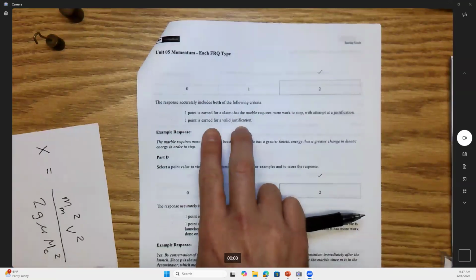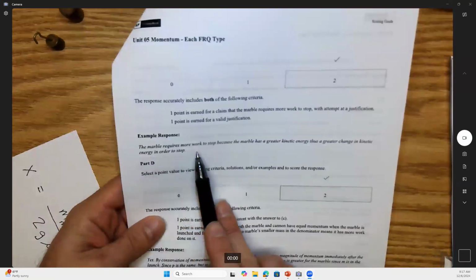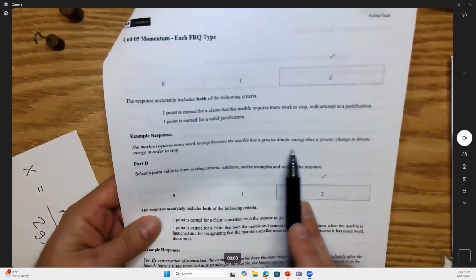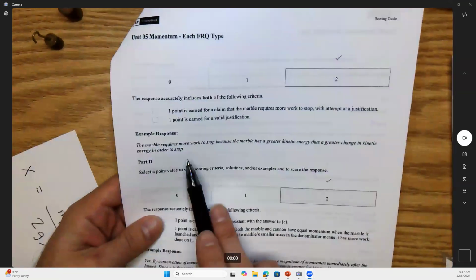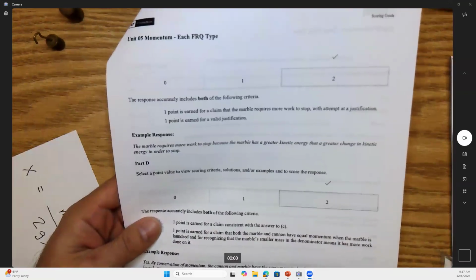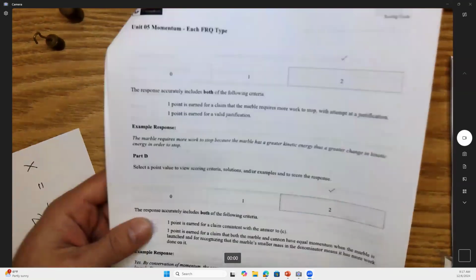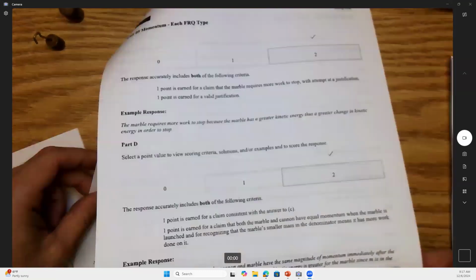The other point is for a valid justification. Here's an example response: the marble requires more work to stop because the marble has greater kinetic energy and thus a greater change in kinetic energy in order to stop. Okay. You guys good on part C? All right, let's check out D.